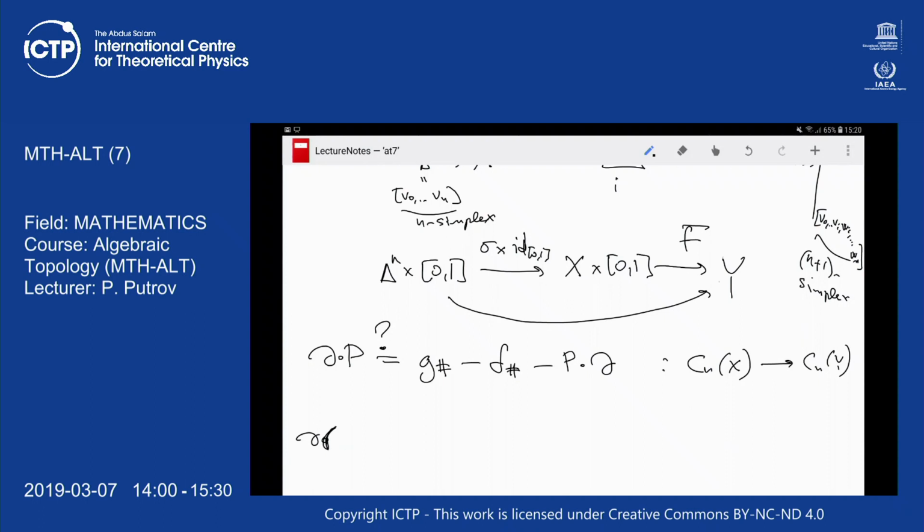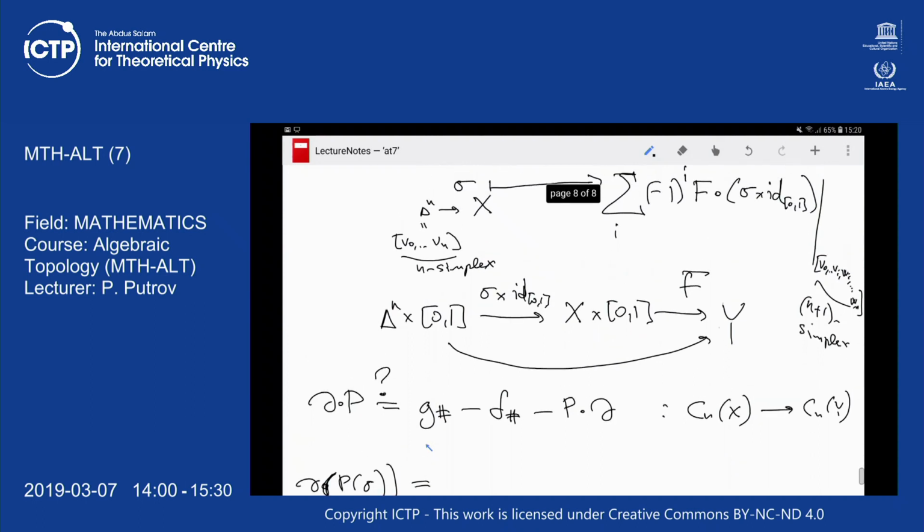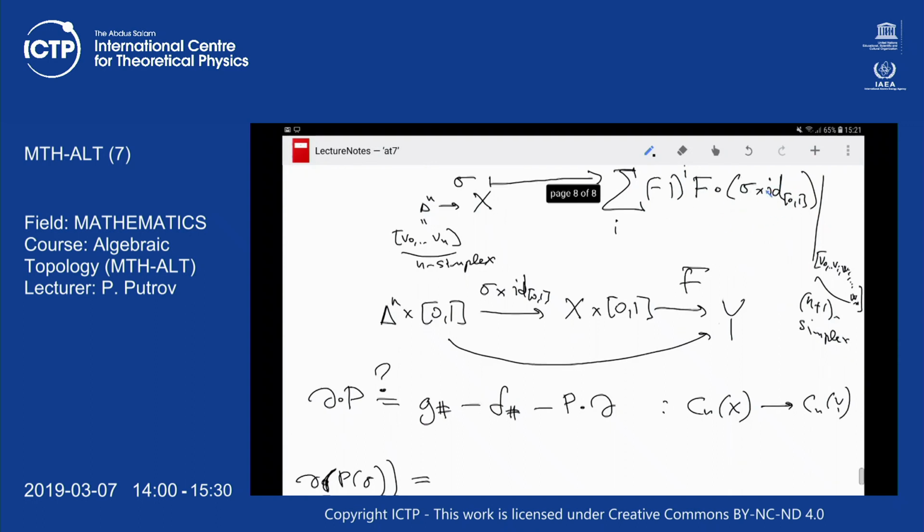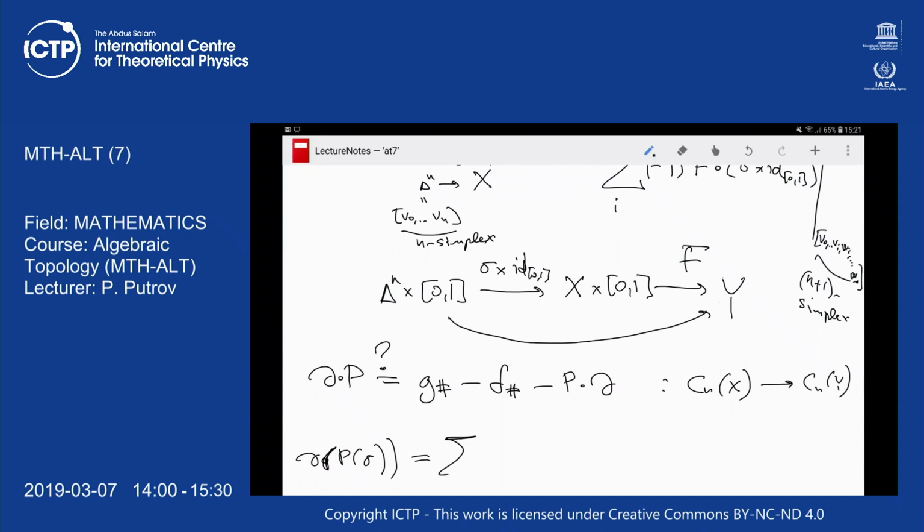So let me consider the action of the left-hand side on some sigma. We know how P acts on sigma, we already wrote it down. Now we want to act on it by the boundary homomorphism. So there will be an extra sum over j.